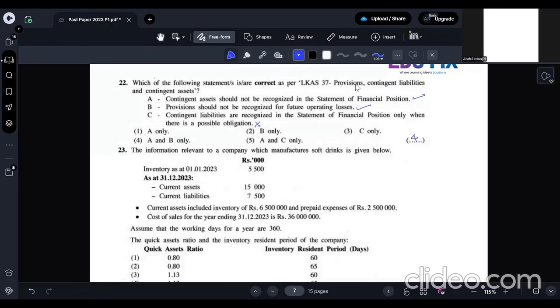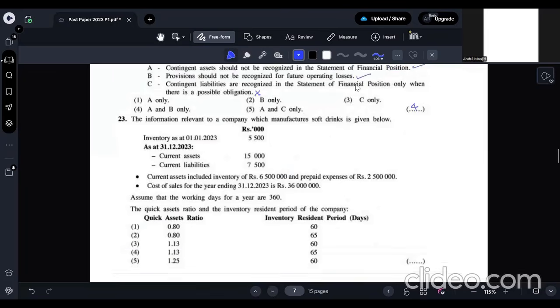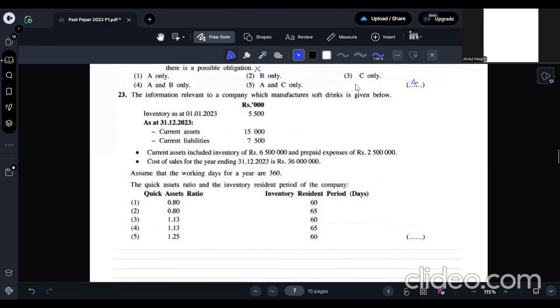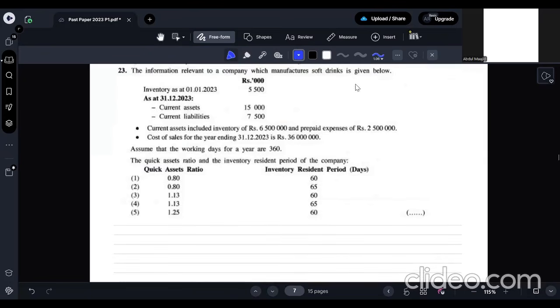Then 23. Quick asset ratio. Quick asset ratio is quick asset to current liability. The current liability is given as 7,500. They have given the current asset. Current asset includes inventory and prepaid expense.